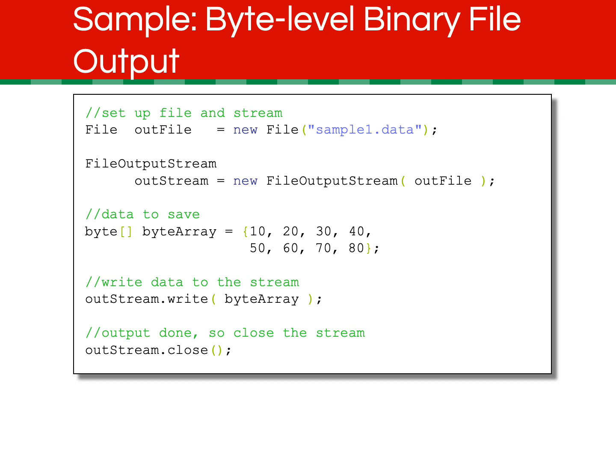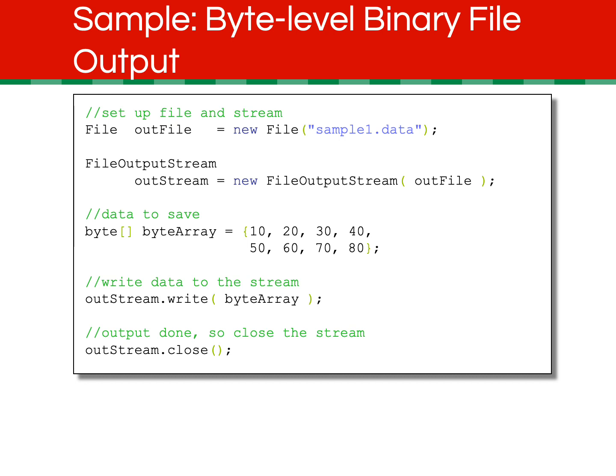So over here we write FileOutputStream equal to new FileOutputStream, and it refers back to the file object, which is outFile. To save the data, we would write it to an array of a variable called byteArray, and it would have these values: 10, 20, 30, 40, 50, 60, 70, and also 80.